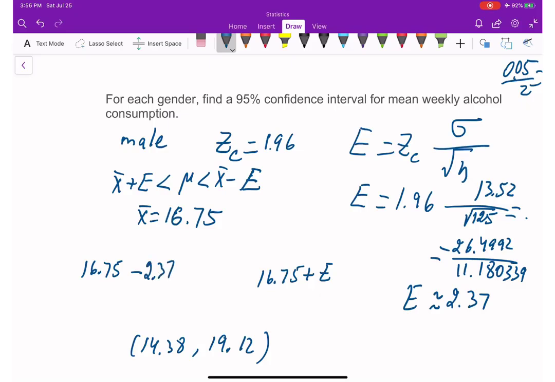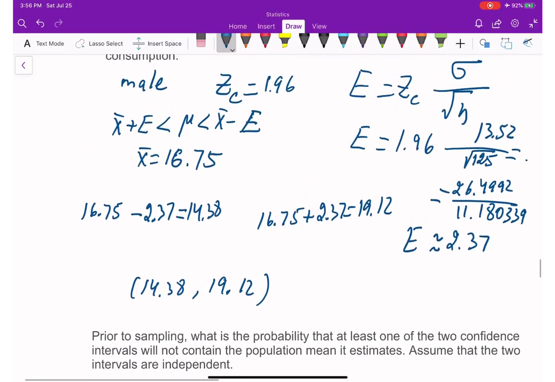So what we are getting, 16.75 minus 2.37, 14.38. And if we add 2.37, you should get 19.12. Okay? Okie dokie.